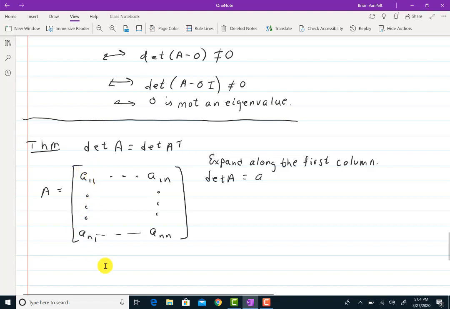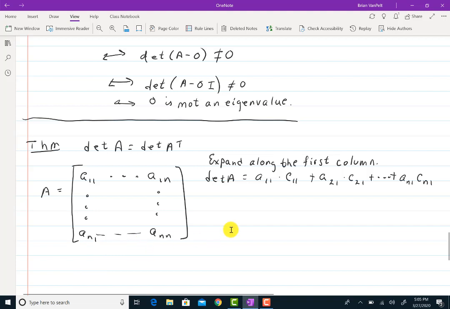I'll have A11 times C11, the cofactor. Then as I'm going down, the first index of the two index part is changing. So it's A21, then A31 all the way down to AN1. So we have A21 times C21 plus dot, dot, dot, plus AN1 times CN1.